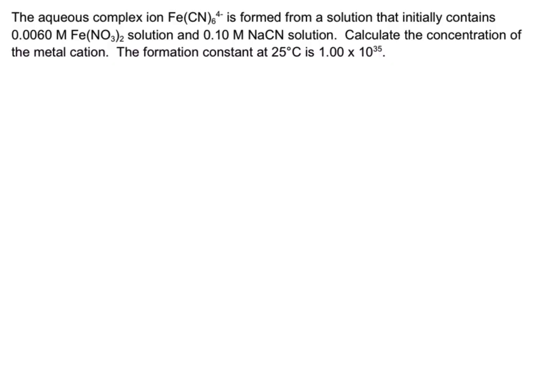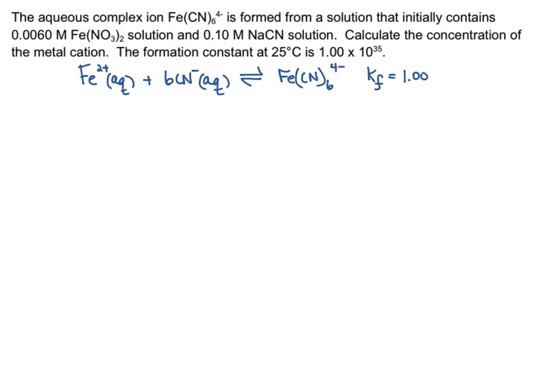The first thing I want to do is come up with a balanced chemical equation. I also want to write down my formation constant. I also want to make sure that my equation is balanced by atoms and by charge.